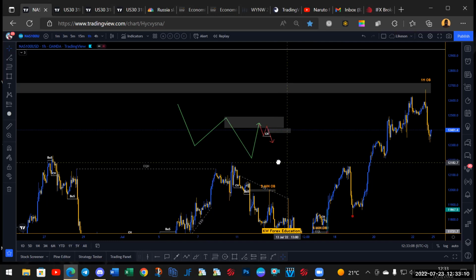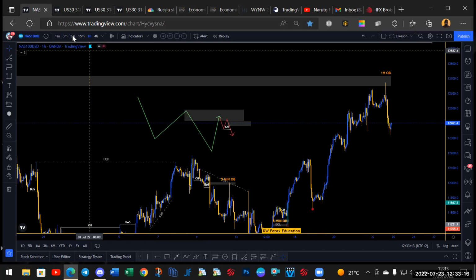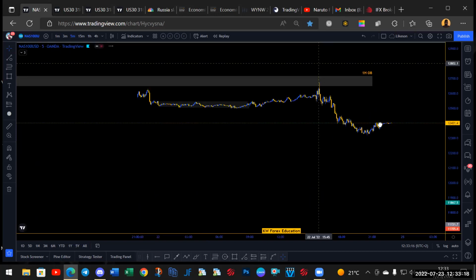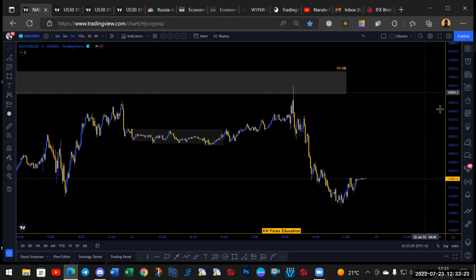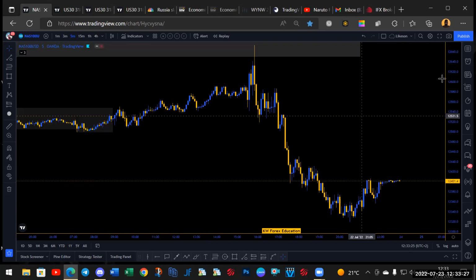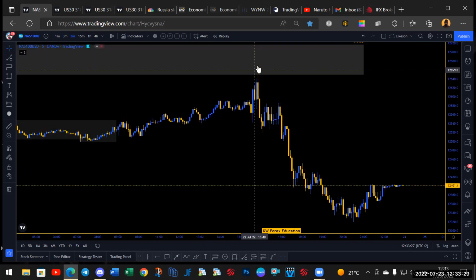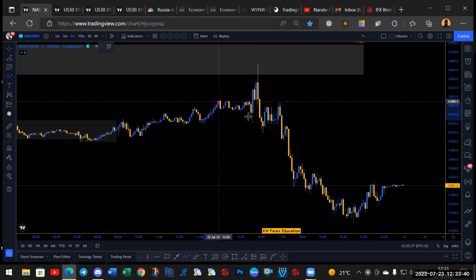Now, after you have this mitigation here on 1 hour, we go on 5 minutes, right? Now, on 5 minutes, this is where you would have entered. So that's the mitigation you had on 1 hour, right? Price, if you can just even start from here, price was in that uptrend, right?